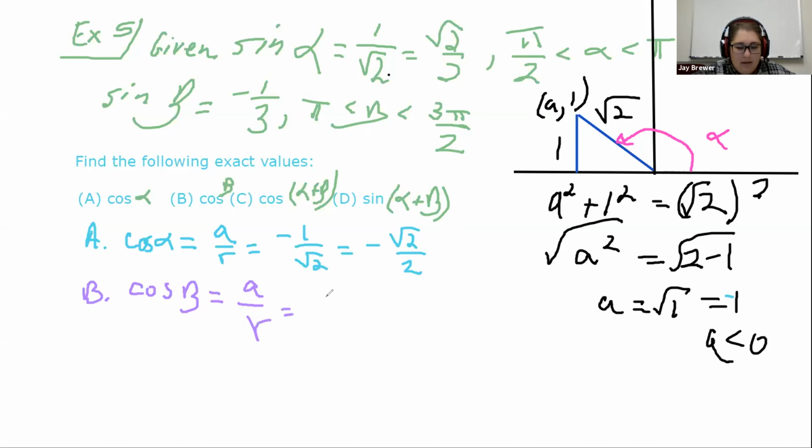A ends up being negative radical 8, which would be -2 square roots of 2. Don't know why I wrote that down like that. Hold on, let me see.